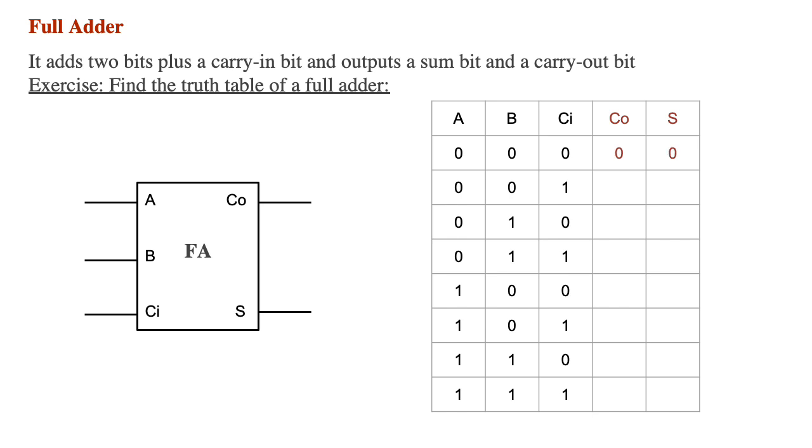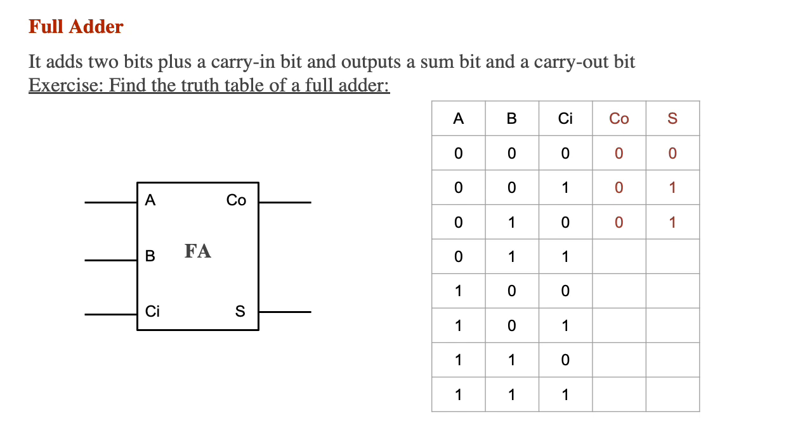If you add 0 plus 0 plus 1, then the sum is going to be 1 in decimal. That means the sum bit is 1, the carry out is 0. In the next row, we have the same result. The result of the summation is 1. So the sum bit is going to have a value of 1. The carry out bit is 0.